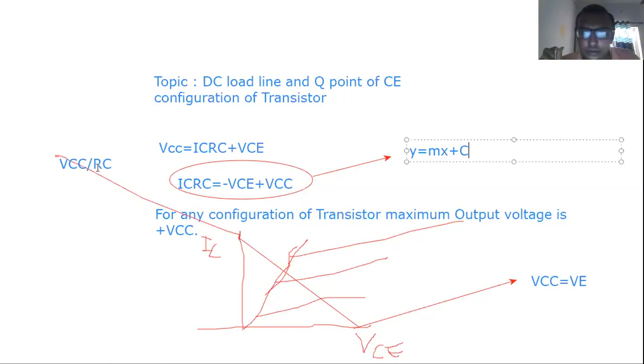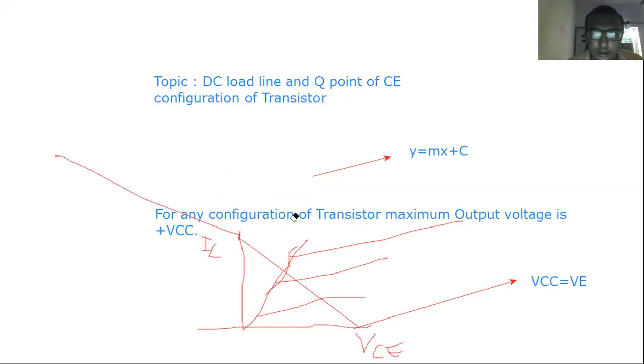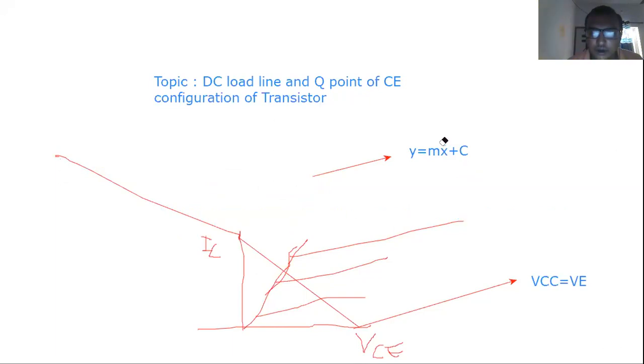Now, what is the meaning of Q point? I have explained this. What is the meaning of Q point?